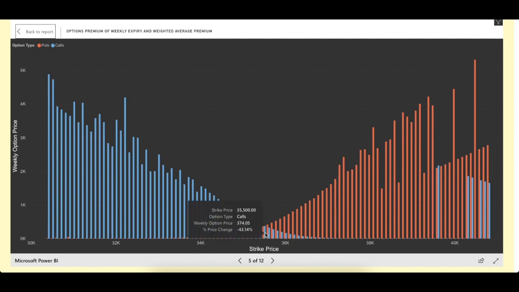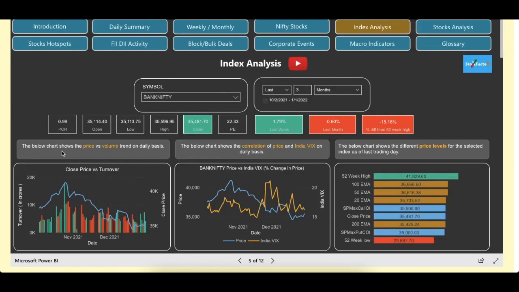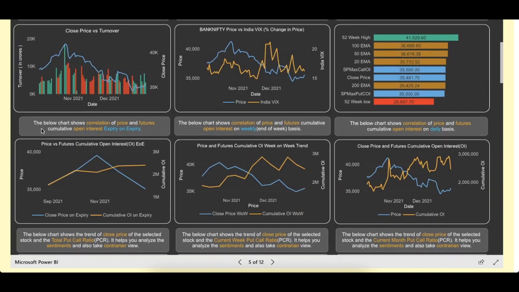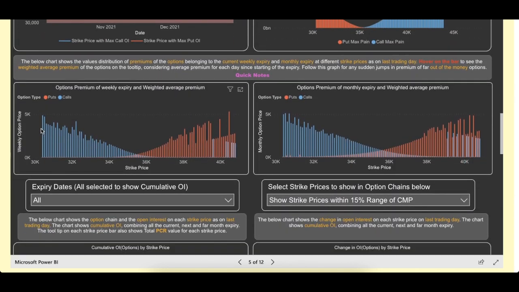So 35,500, we can see 374 is the call price, and we can see the put price is around 365. So almost 700 points we can say on a high level. So 700 points on the downside and 700 points on the upside. So this is the high level range for the Bank Nifty to trade.